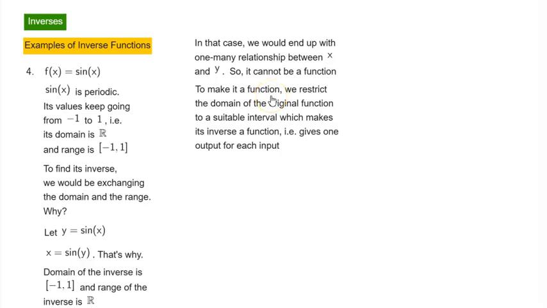To make it a function, we restrict the domain of the original function to a suitable interval, which makes its inverse a function, that is, gives one output for each input. And to do that, we can choose any interval, but the standard interval chosen for sine of x is minus pi by 2 to pi by 2.